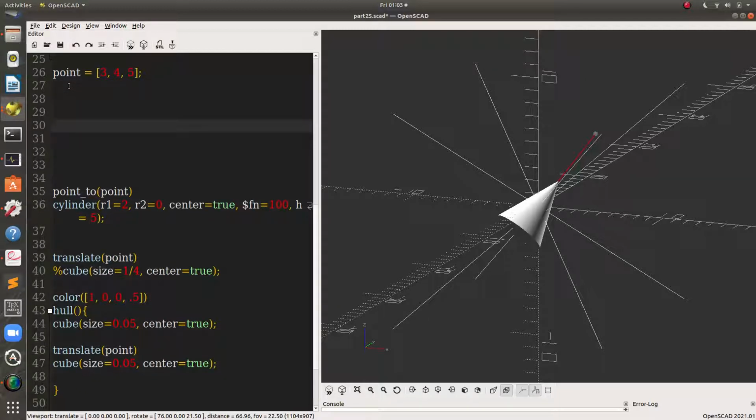Essentially, we need to specify the position of the cone. So we'll say cone position, let's say -7, -3, and 10.